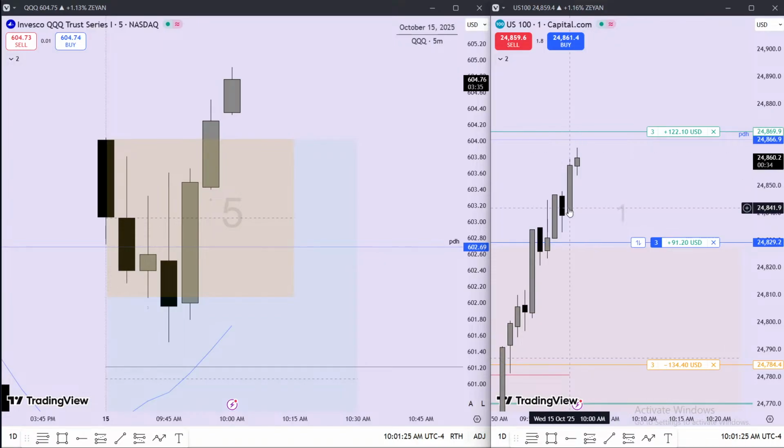This is the first candle of 10 a.m. and the new hourly candle. So I am treating this candle as the open of the day. So there's basically, let's say, a 60% chance that we will take the low and the high of the first candle of the hour.